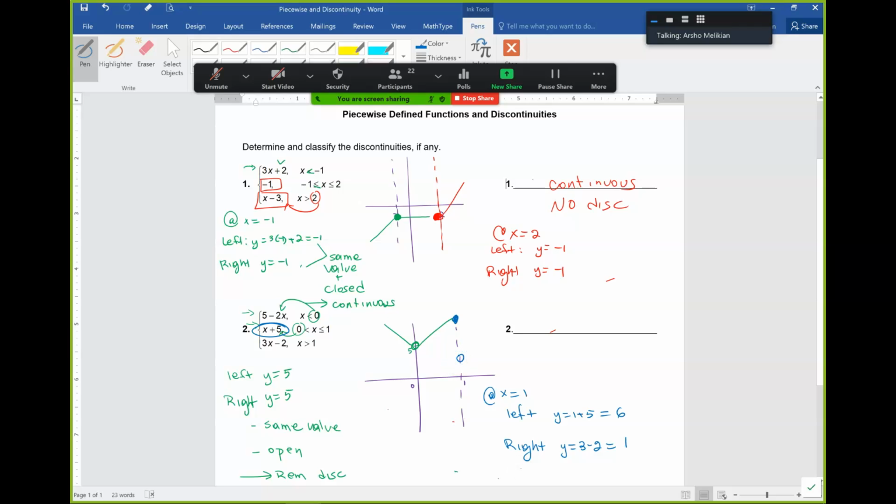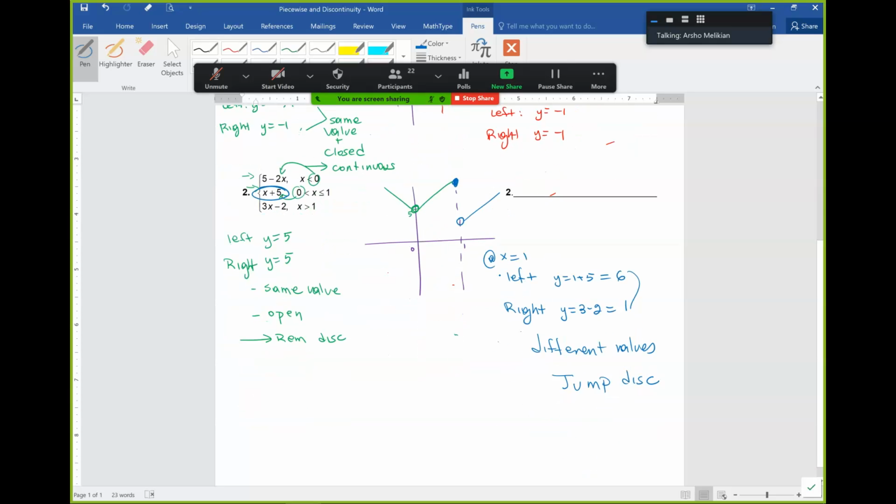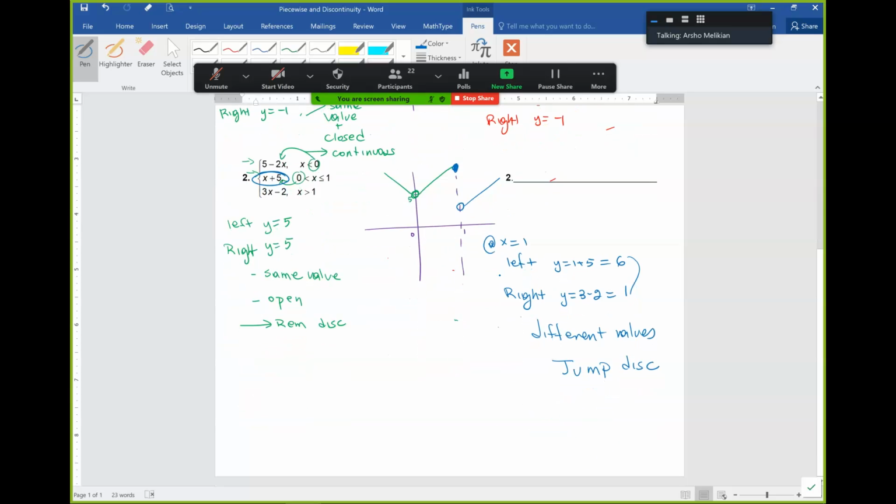Okay, so this one, it's not even the same value. You have different values. It doesn't even matter if it's open or closed. It's a jump discontinuity. Right? Do you see how it jumps over there? So this one is like this. Okay? So with these, you plug in the values at each point.